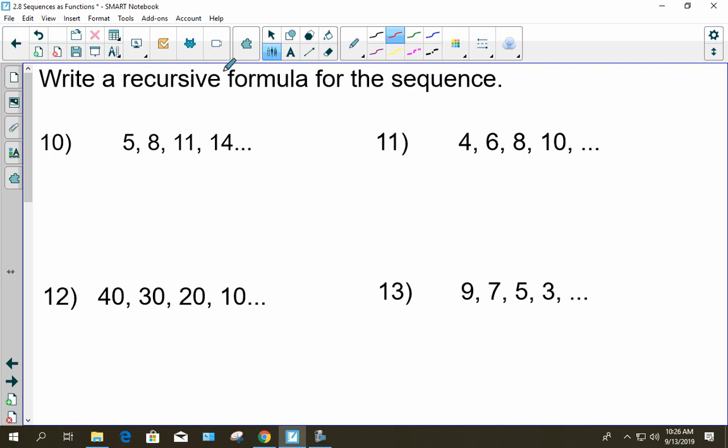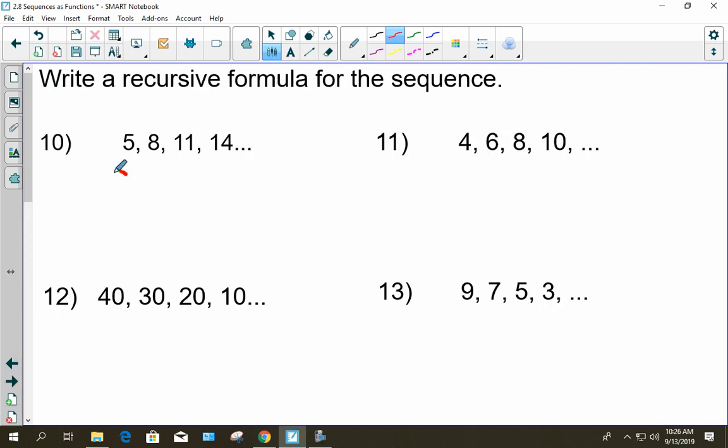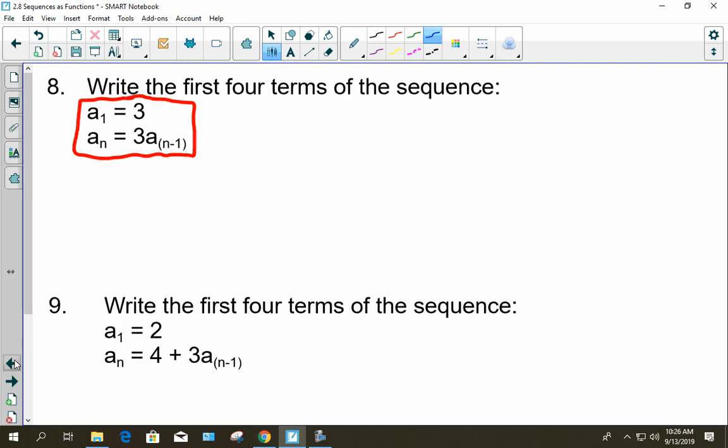We now have to write the formula. So I'm going to look back here and see this right here. I now have to write this. So the first thing I need to know is, what is my A1? What does my A1 equal? 5. My A1 is 5. Your A1 is the first number in the sequence. So now I look back here, and I have A of n equals whatever the formula is.